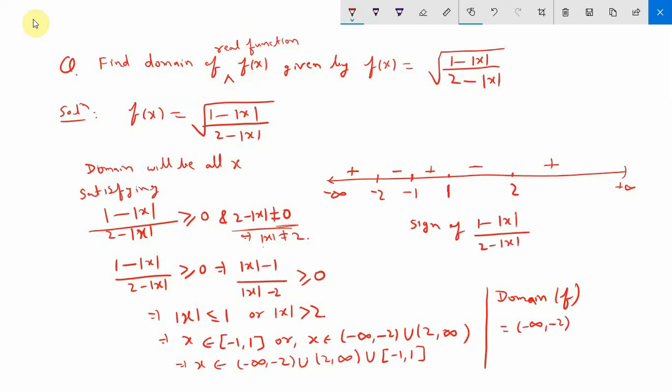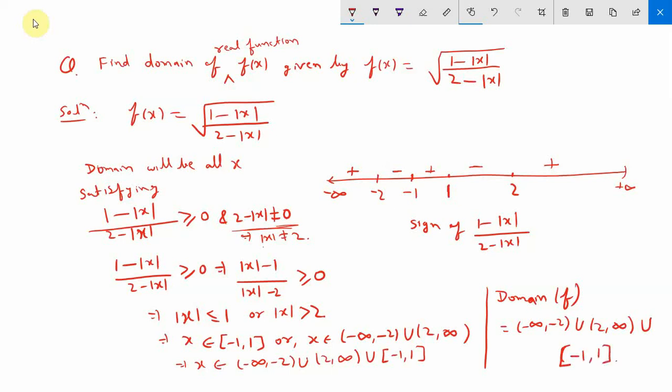The domain is minus infinity to minus 2 union 2 to infinity. Let me write it clearly. So (2, infinity) union [-1, 1], but it will be closed at both ends, minus 1 to 1.